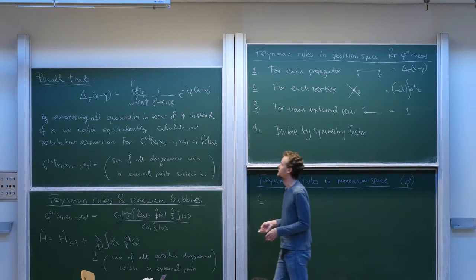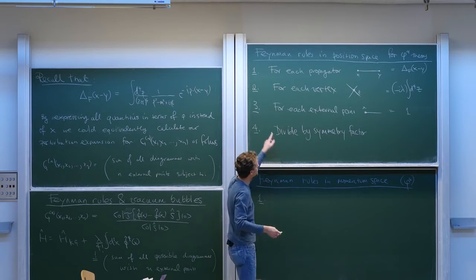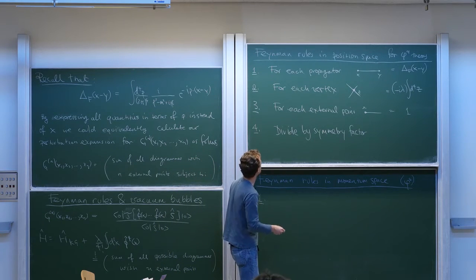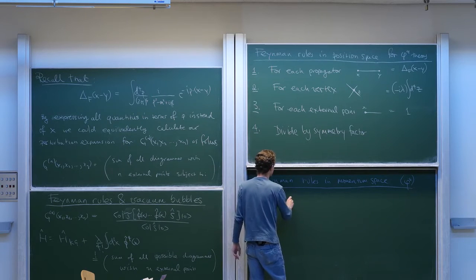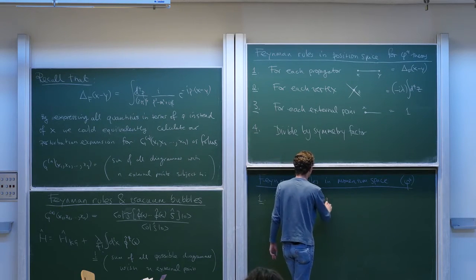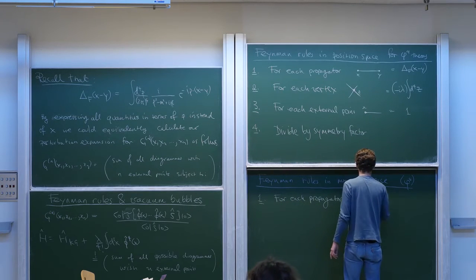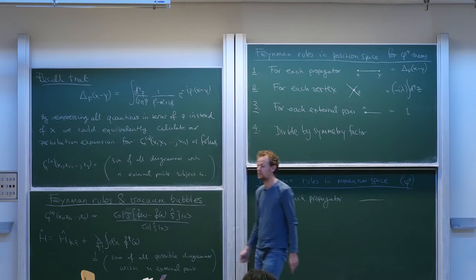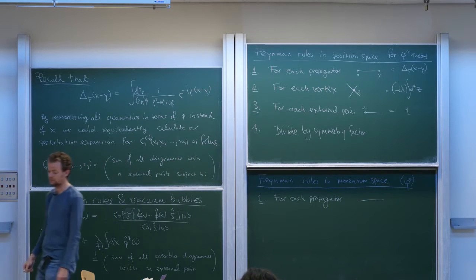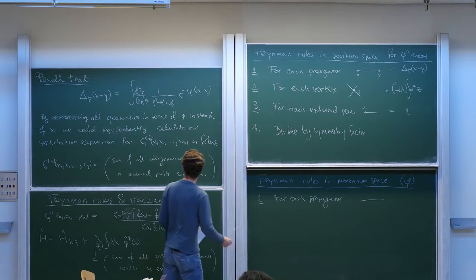So what do we do? Well, for every propagator, the rules are almost the same. In fact, I'm going to leave them on the same two boards here. We're going to have different diagrams. We're going to have diagrams with arrows on them. We're going to have oriented diagrams.